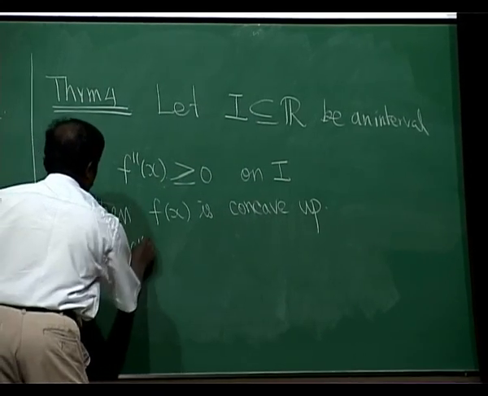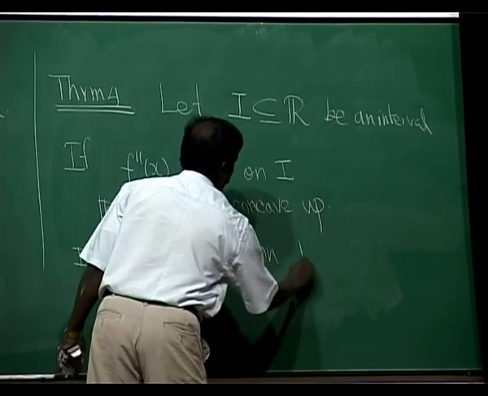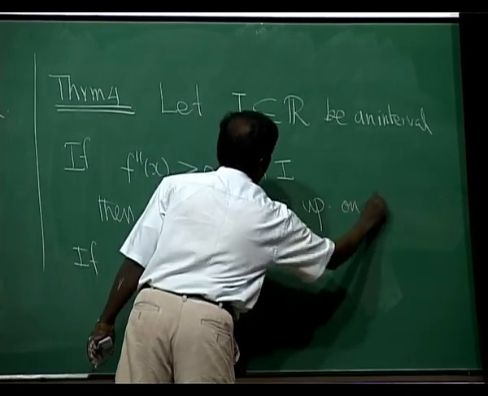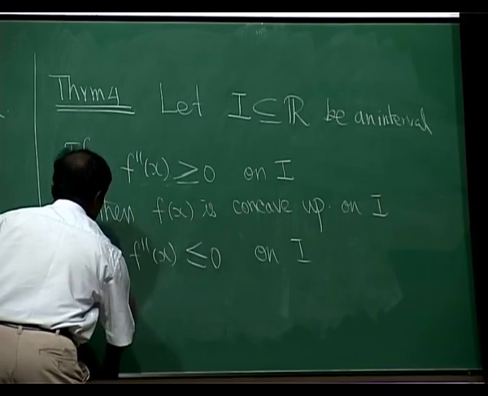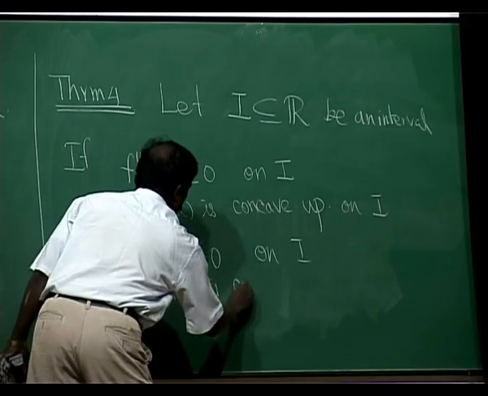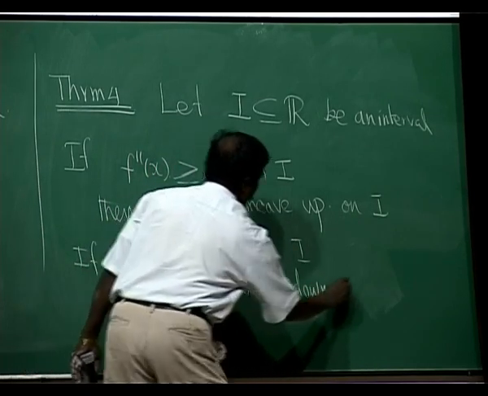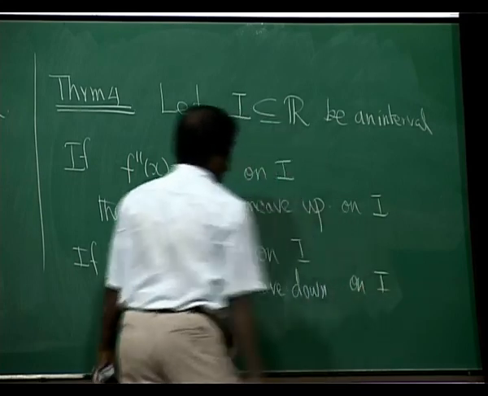If f double dash of x is less than or equal to 0 on I, then f of x is concave down on I.